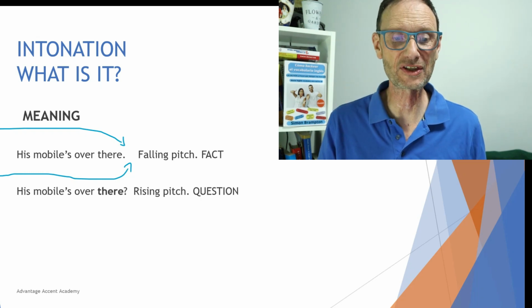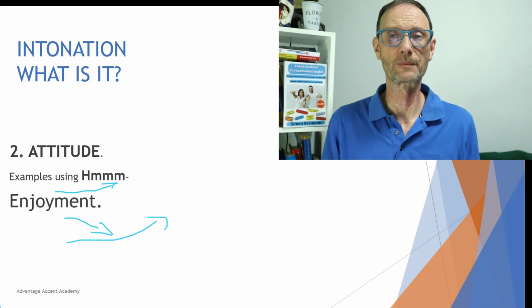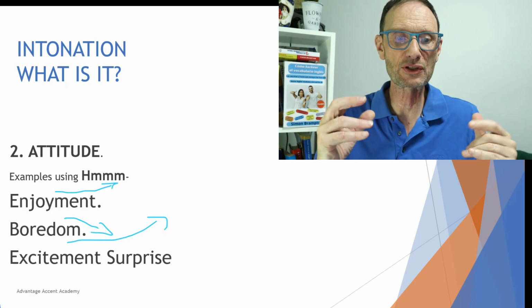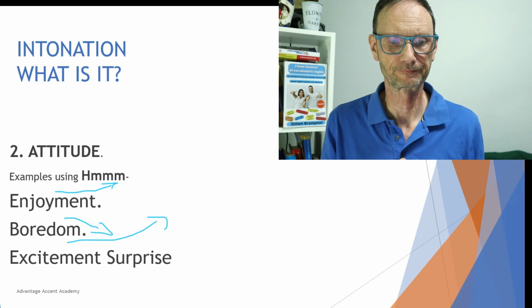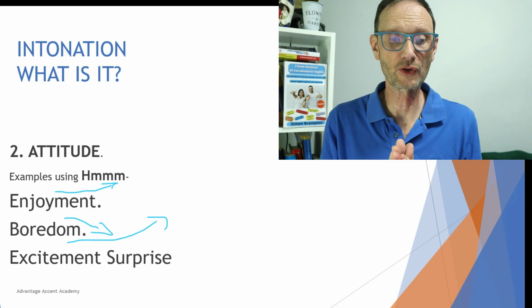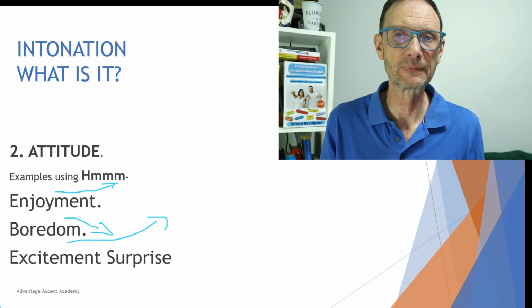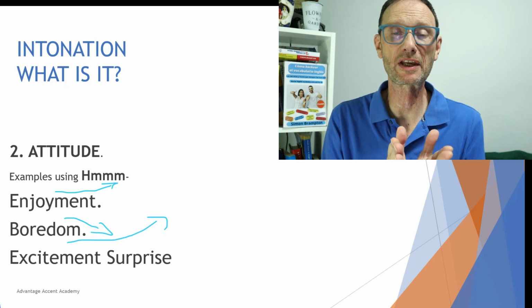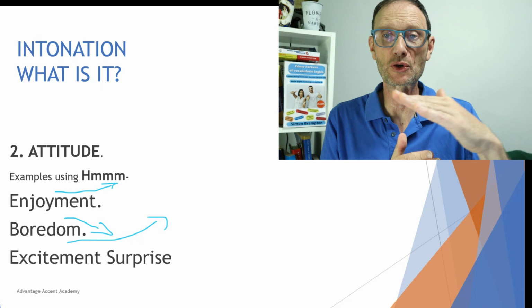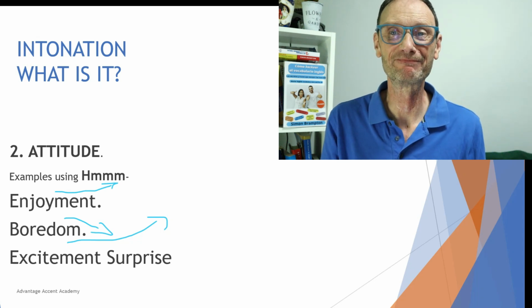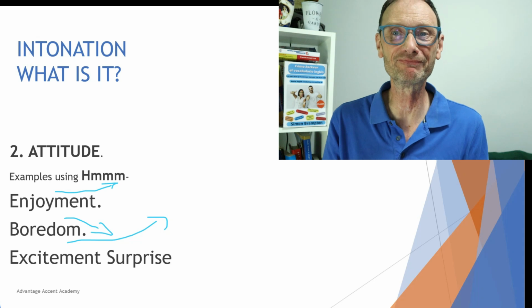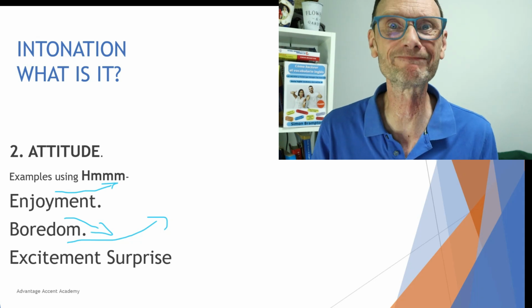Another thing is attitude. So let's have a look at attitude. And this can express different feelings or emotions. So if I've got the word there, it can express enjoyment when it goes up. Enjoyment. I'm enjoying this. Are you enjoying the film? Enjoying the food?